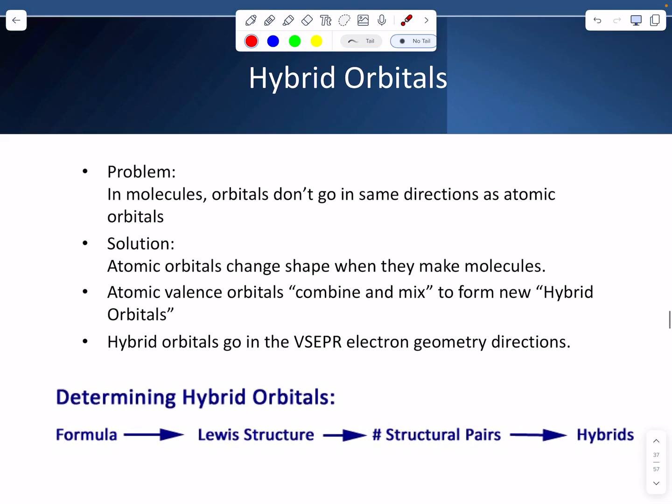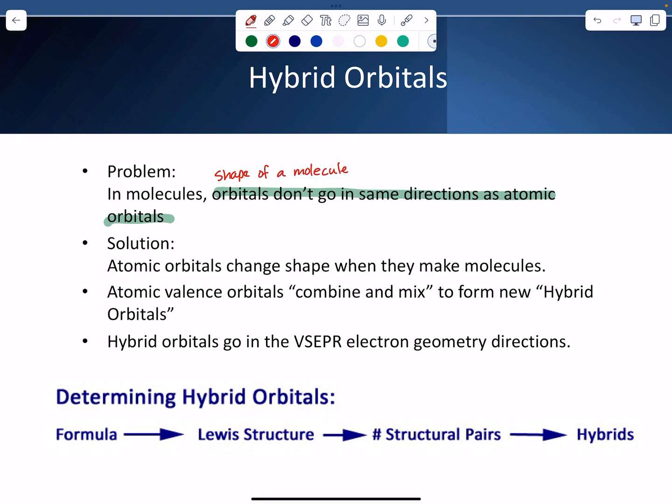So the big idea that we introduce is that there are things called hybrid orbitals. The problem that we had is that in molecules, the shape of a molecule doesn't go in the same directions as the atomic orbitals.